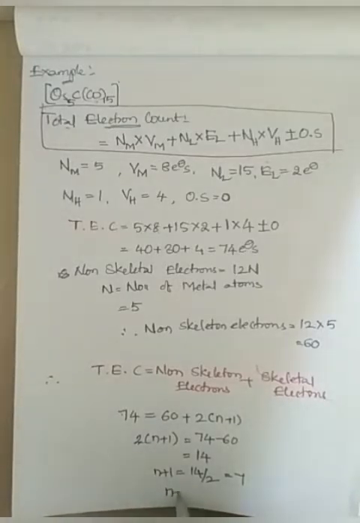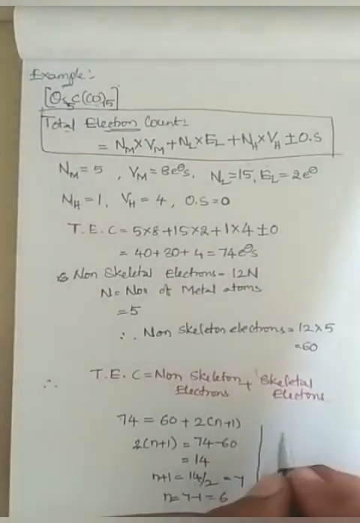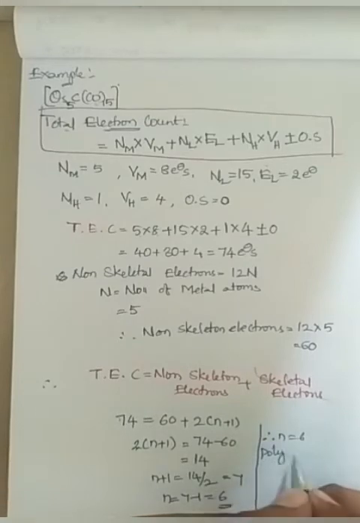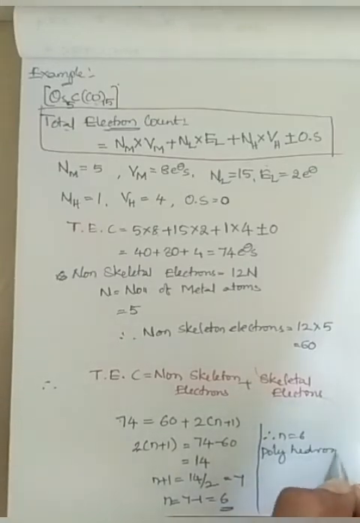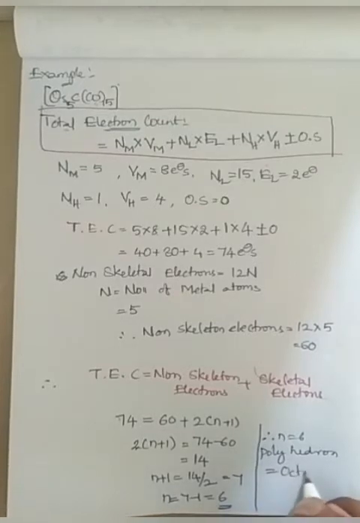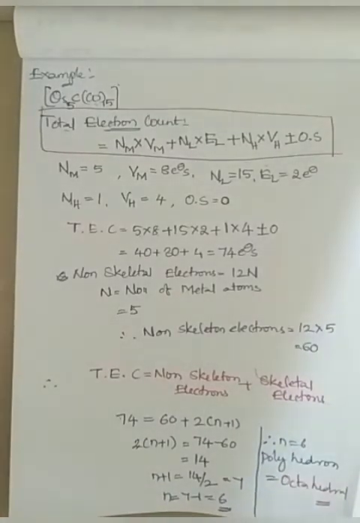So n plus 1 is equal to 7, which means n is equal to 7 minus 1, that is equal to 6. So as n is equal to 6, the polyhedron will be octahedral, isn't it? Octahedral.